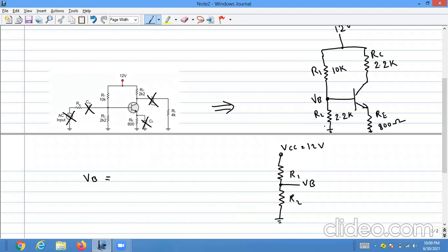So we can apply the voltage divider rule here. As per the voltage divider rule, VB will be equal to the total voltage, that is VCC, into the R2 value, divided by the total resistance, R1 plus R2.